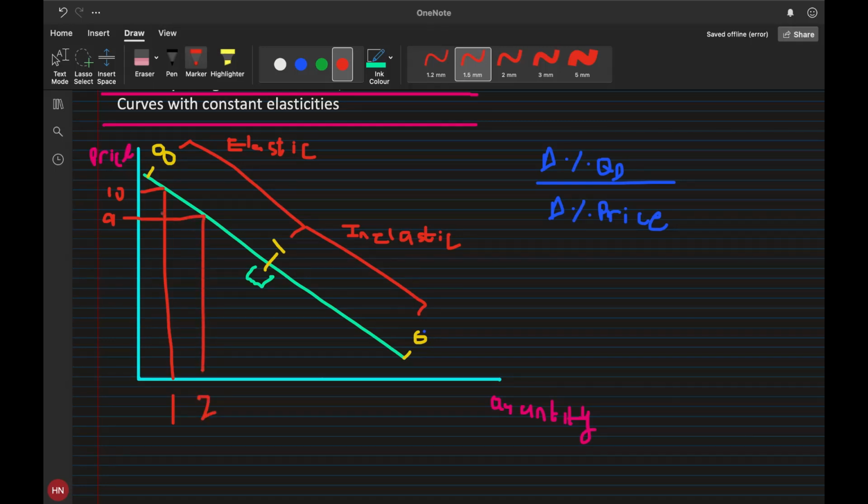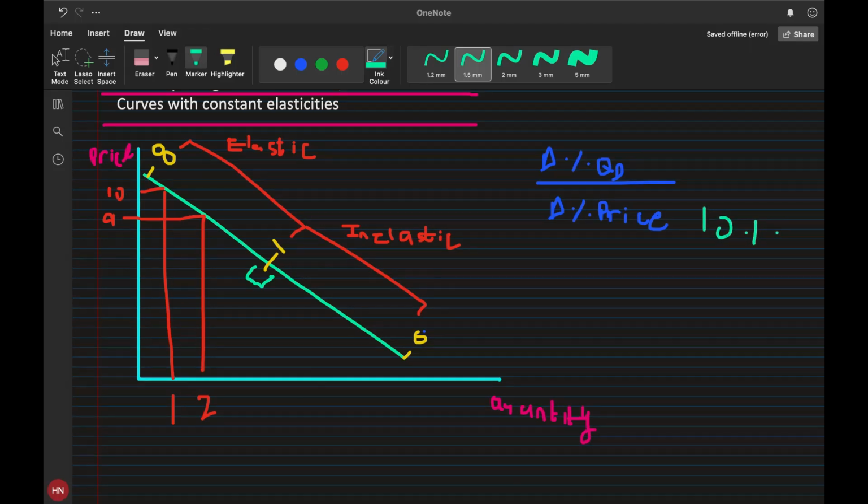The percentage change in price over here is, let me just calculate that value, 9 minus 10 divided by 10 times 100. So that's a 10% decrease. So the percentage change in price is 10%.